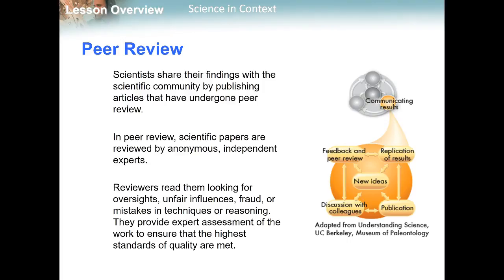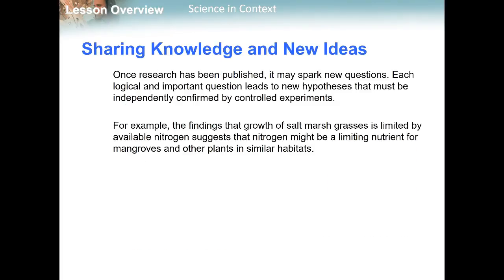They try to recreate the results, and if they're able to recreate the results and they think that the work is valid, then they will provide their assessment and let them know where it is valid, or they might say, hey, you've got some weaknesses here, go back and work on it.